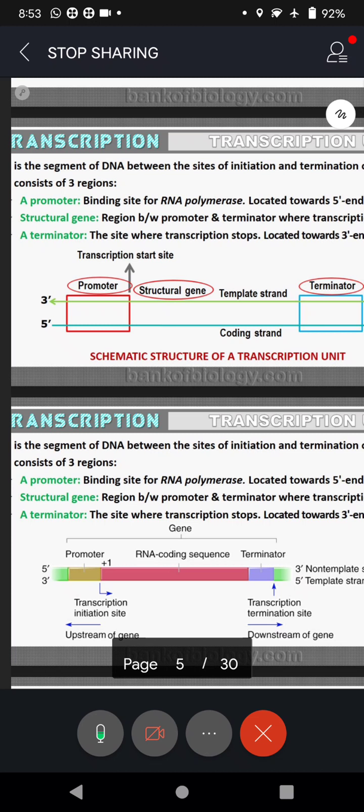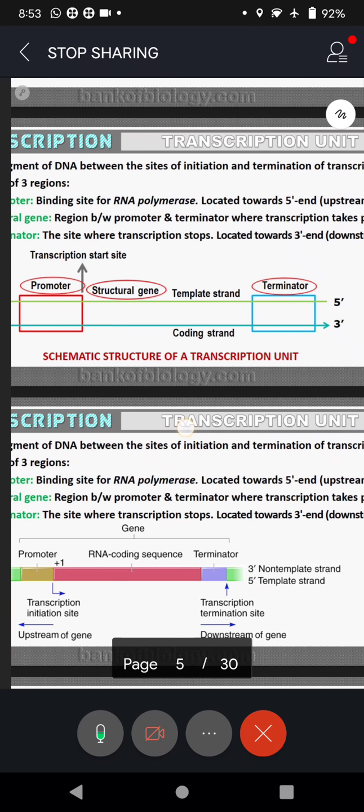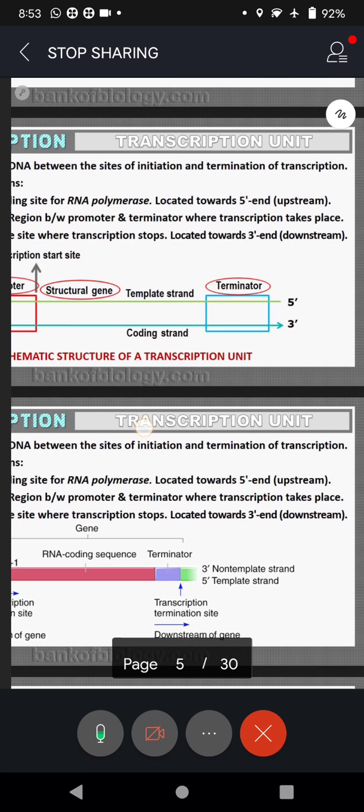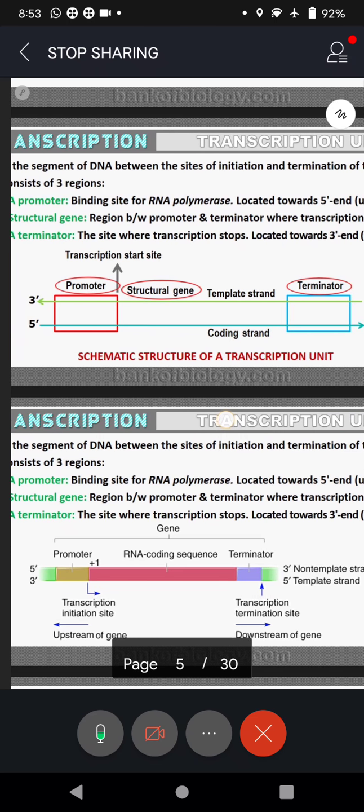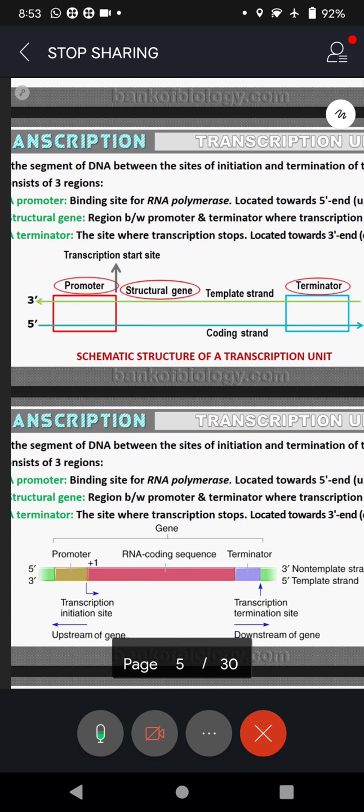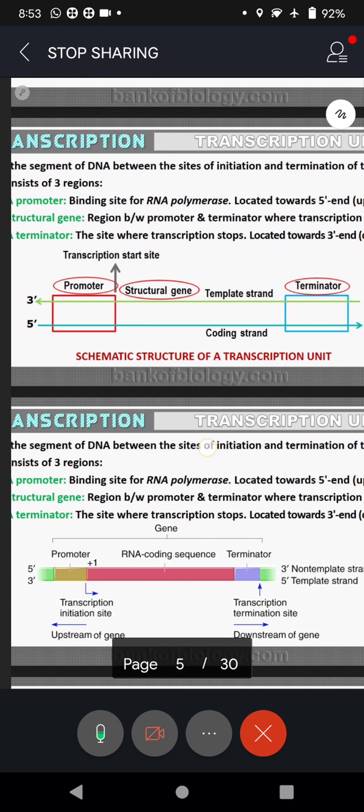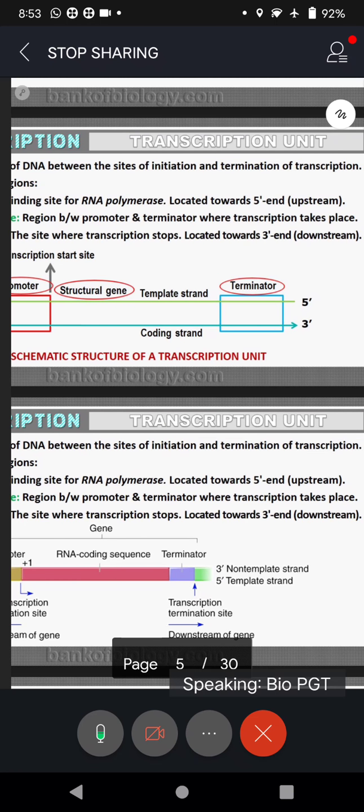So terminator is the site where transcription stops, located towards the 3' end, downstream. We said upstream it is the 5', downstream it is the 3'. You can see the arrow mark before 3'. So that is the orientation, right?